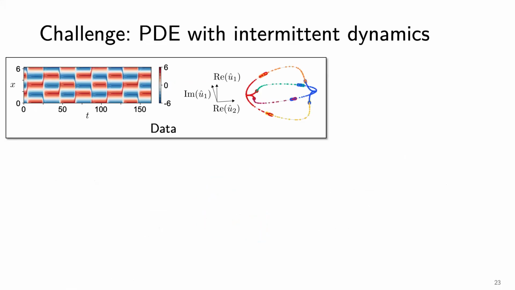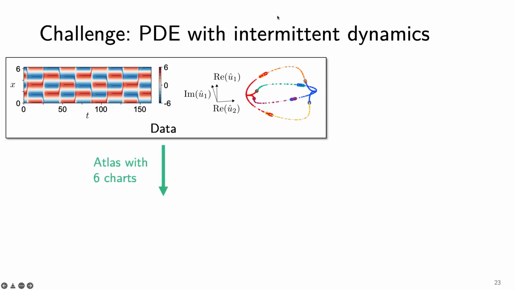So we followed the same procedure that we did for each previous example. We first take our data and then cluster it up in state space. In this case, we broke this up into 6 clusters, a red one and a blue one that pretty much correspond to these saddle points in state space, and then yellow, orange, purple, and green patches, which basically correspond to these homoclinic connections between the two saddle points.